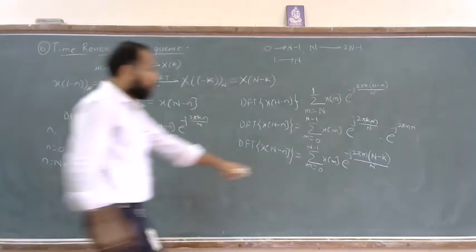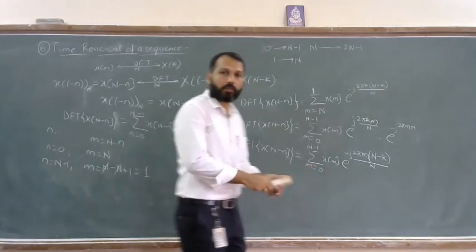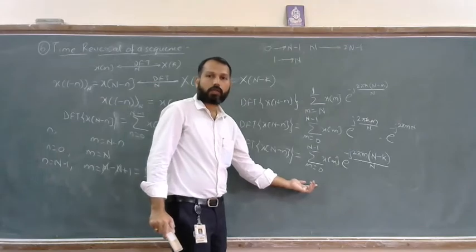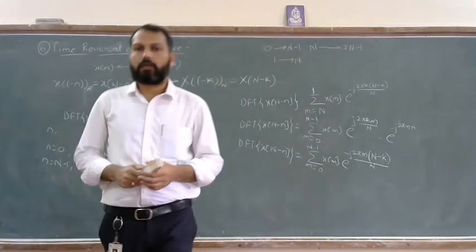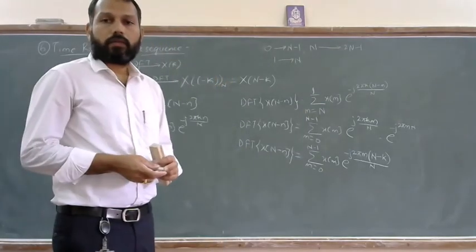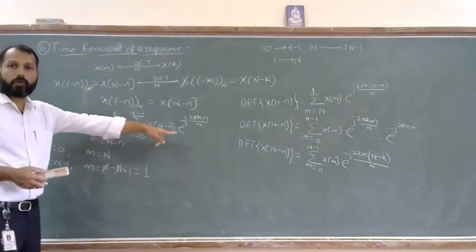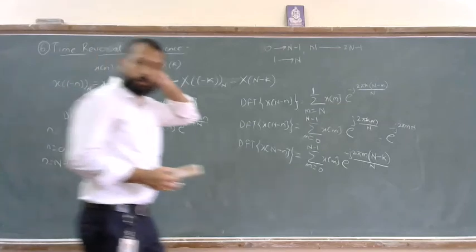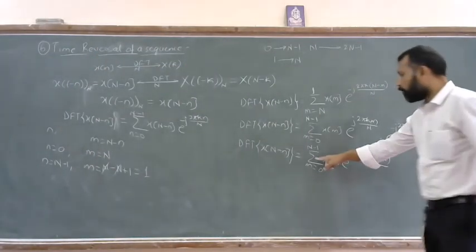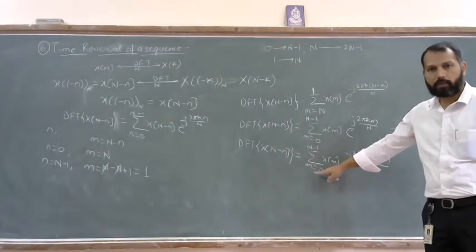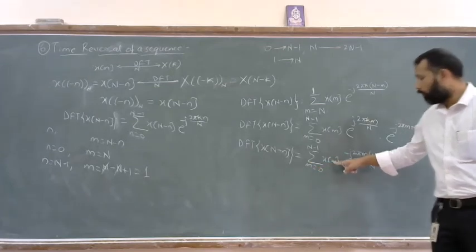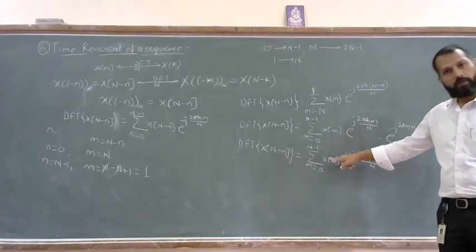Now, what is this? Observe the summation on the right hand side. How does it look? Compare it with the standard DFT equation. In the standard DFT equation, we have the summation over a number of samples. We have it here. We have a discrete time sequence. We have that here.